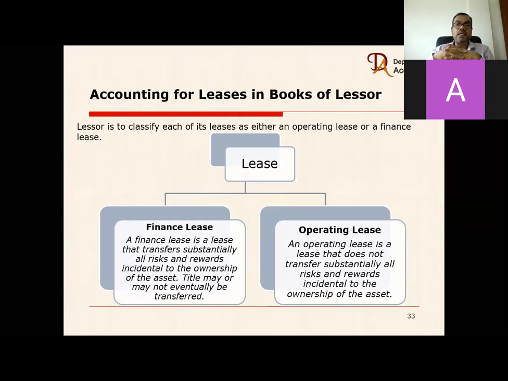Lessor can be simply a finance company. Suppose that you want to buy an asset. Simple example, so common example that we see in our day-to-day life, even you also may have done, leasing of a motor vehicle. When you lease a motor vehicle, who helps you? Leasing company or a bank to finance.